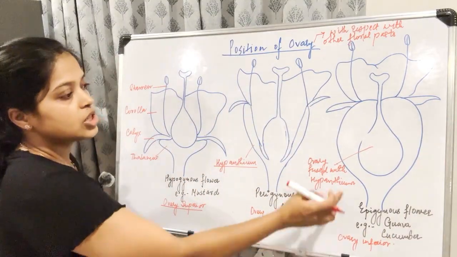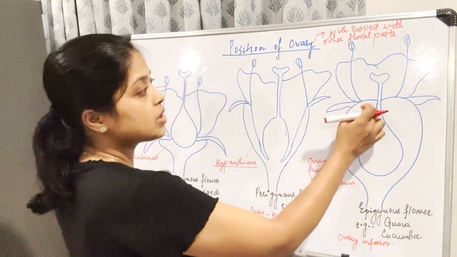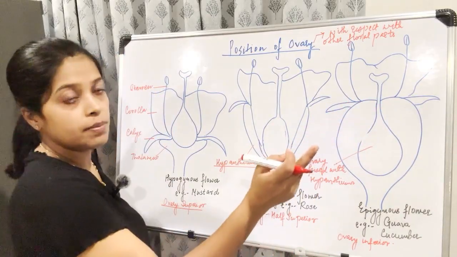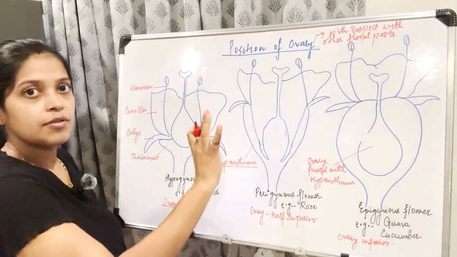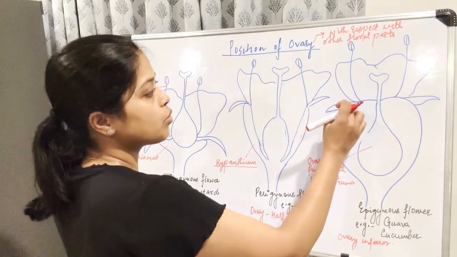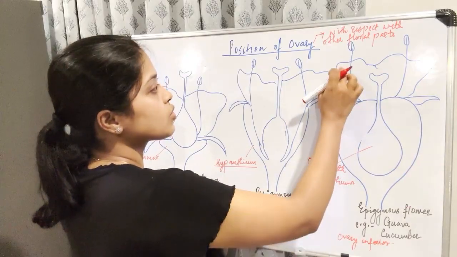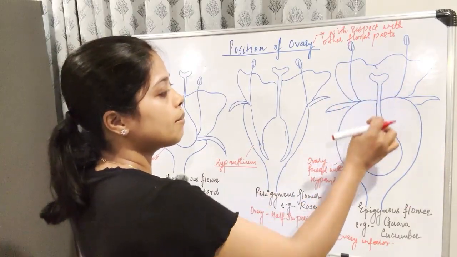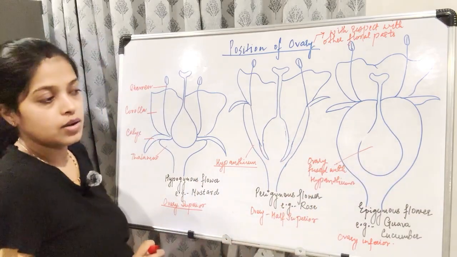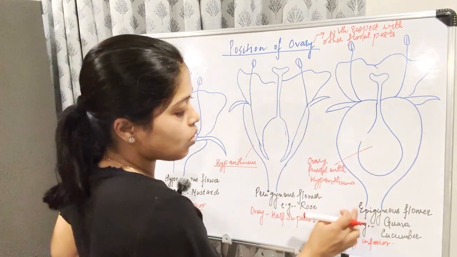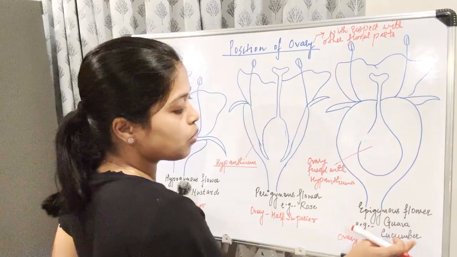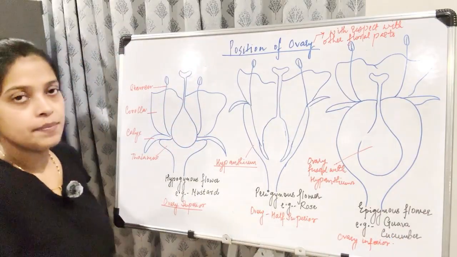So in such a condition, the ovary is inferior with respect to the other floral parts. This is clearly visible in the figure also. You can see the other floral parts like the calyx, corolla and the stamen, they are all above the carpel. Such a condition is called epigynous. This is seen in guava and cucumber.